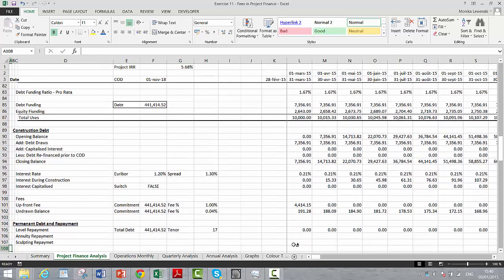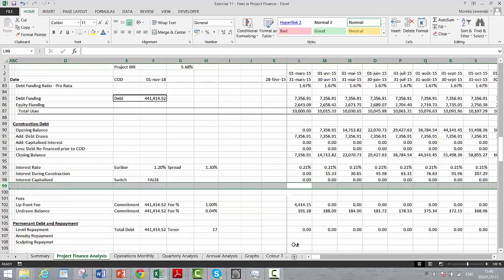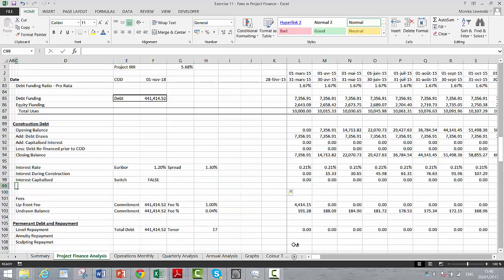Okay. Now we're not finished, unfortunately, with the analysis of the fees. There are a couple of things. We put interest capitalized here and interest during construction. So the difference really should have been interest paid.